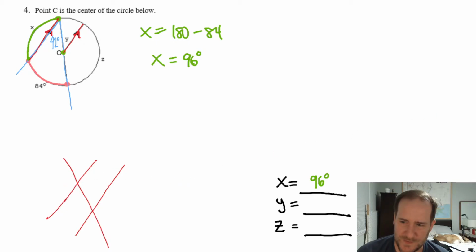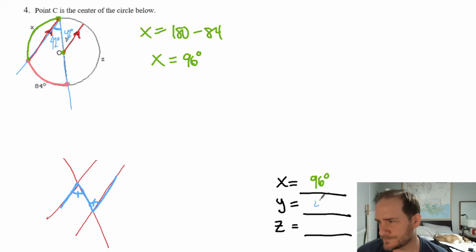So the one that matters is the pair of angles that sort of form this Z-shaped bit. And then you would know that this angle and this angle have to be congruent because they're alternate interior angles. So, since this guy's 42, we can rest assured that y is also 42 because they're alternate interior angles.